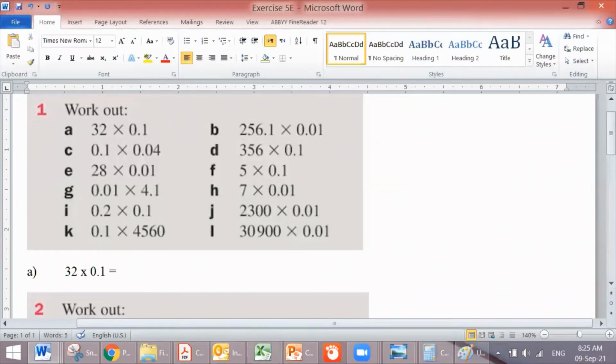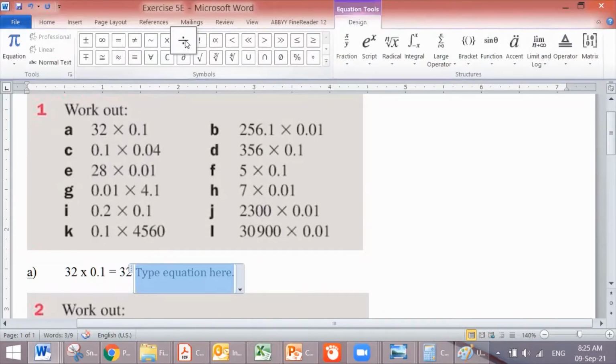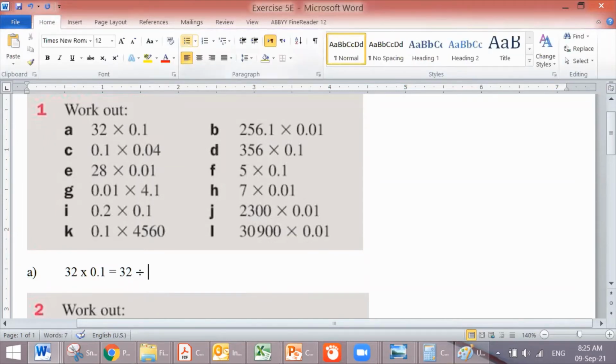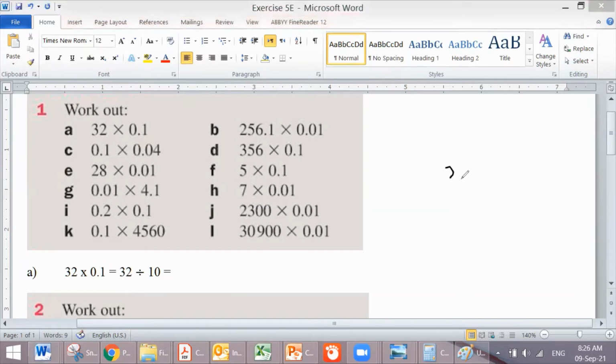Whenever you have to multiply 32 with 0.1, you can write it as 32 divided by 10. Now 32 divided by 10 will be equal to, I will move one decimal point to the left, but 32 does not show any decimal place. So I will imagine that the decimal point is at the right side of this.